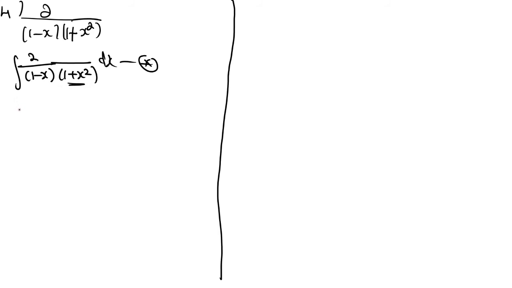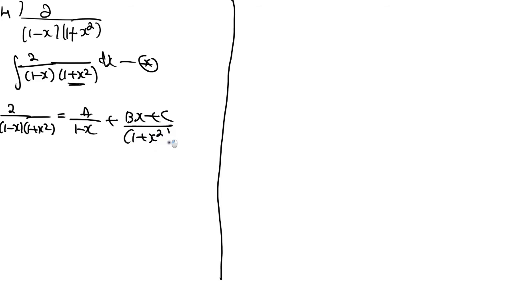What is the fifth rule? We need to write 2 divided by 1 minus x into 1 plus x square as a divided by 1 minus x plus bx plus c divided by 1 plus x square.